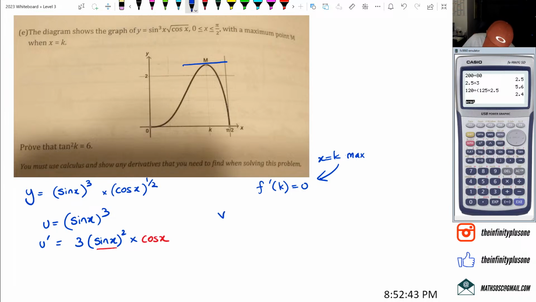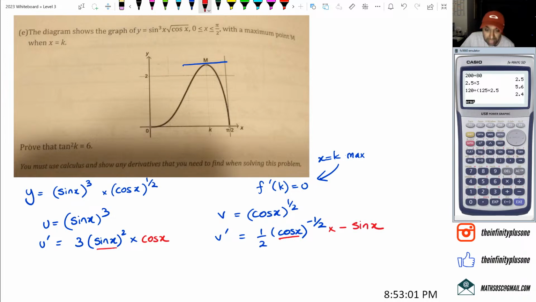Next, we've got v is equal to cos x to the power of half. Then v dash is equal to half times cos x to the power of negative half multiplied by the differentiation of cos x, which is negative sine x.